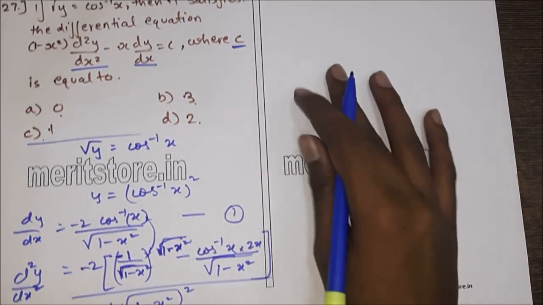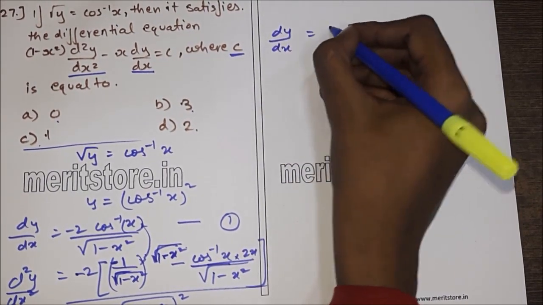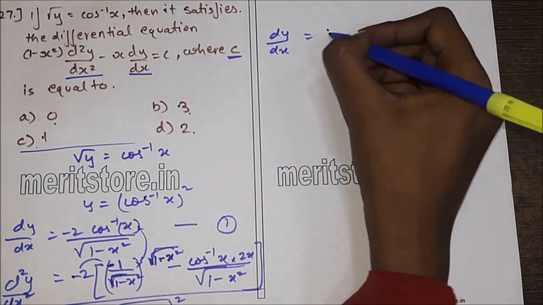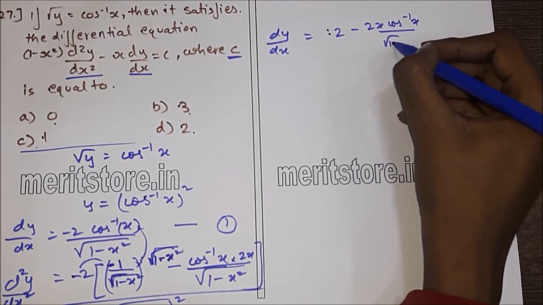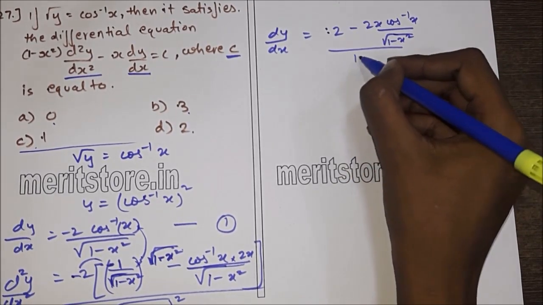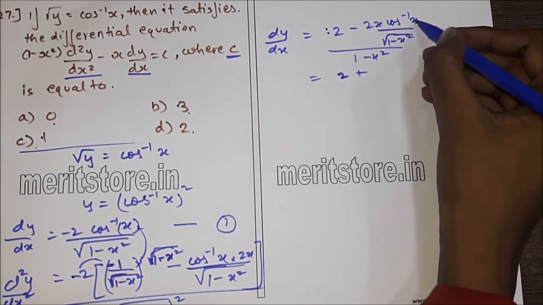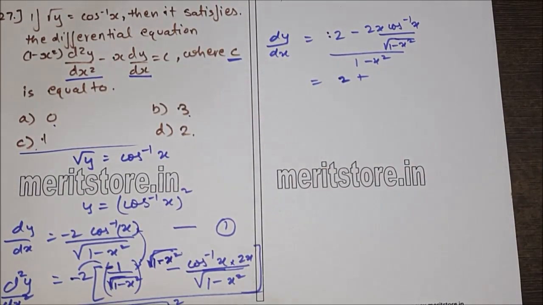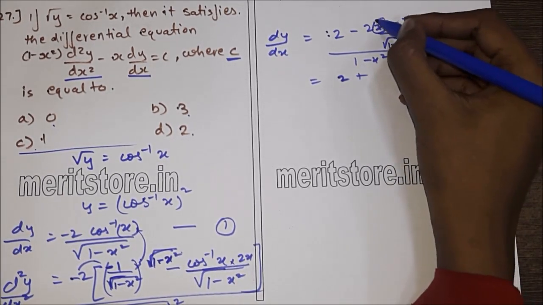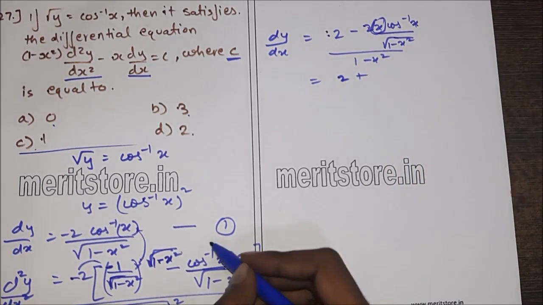So this term can be simplified as, taking 2 inside the bracket, we get 2 minus 2x cos inverse of x upon root of 1 minus x square, upon 1 minus x square, that is 2 plus cos inverse of x is root y, and also this term excluding x, 2 cos inverse of x upon root of 1 minus x square is dy by dx, that is from equation 1.